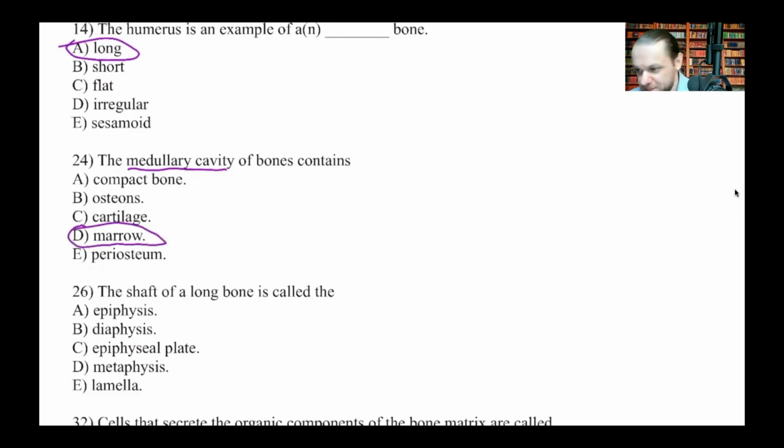Sometimes pictures are better than descriptions, so make sure you go back to the pictures. The cavity itself has the marrow, and that's why when we do the IO needle access, we pull back on the syringe to see if we have a marrow return. So the medullary cavity is the highly vascular network, and that's where the marrow is contained.